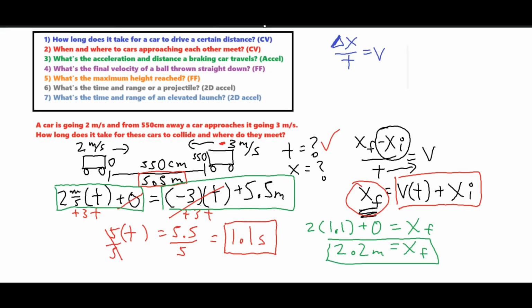Again, if I wanted to, I could have plugged that into the other formula. That would have looked like -3 times 1.1 seconds plus 5.5, which still equals 2.2 because they have the same final position.